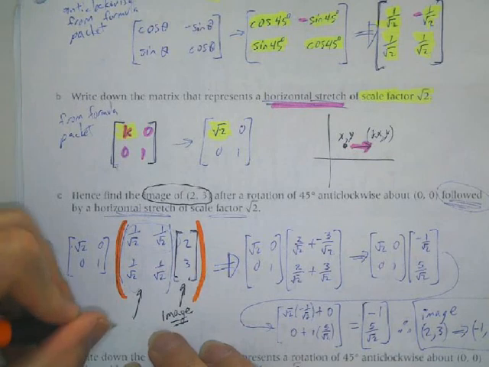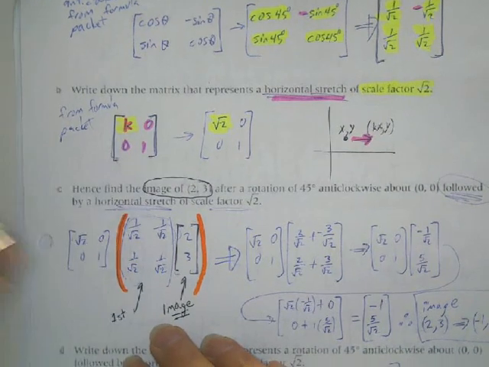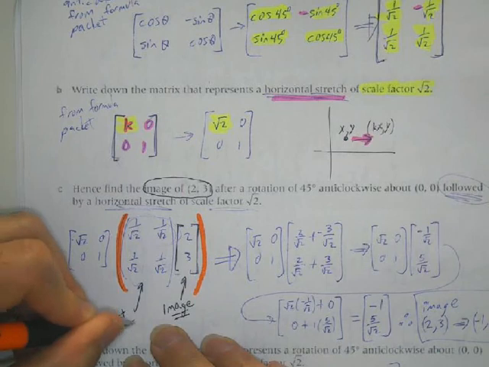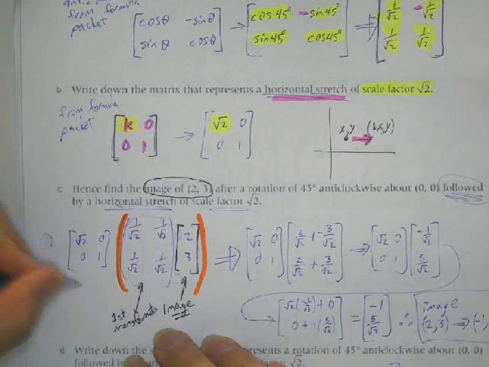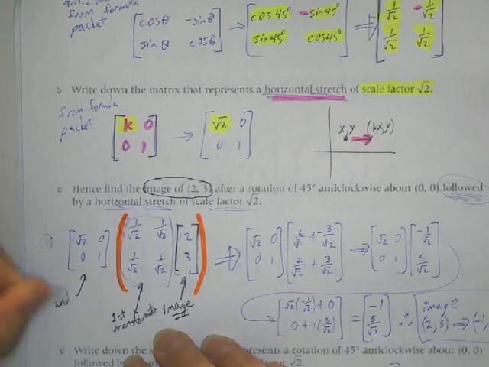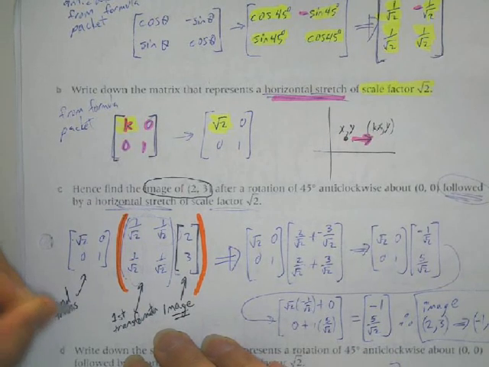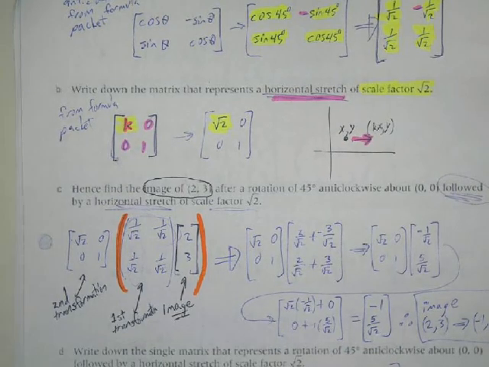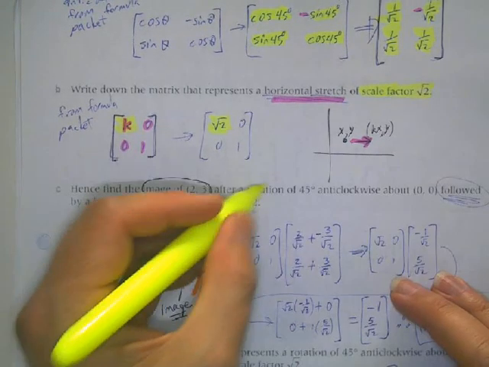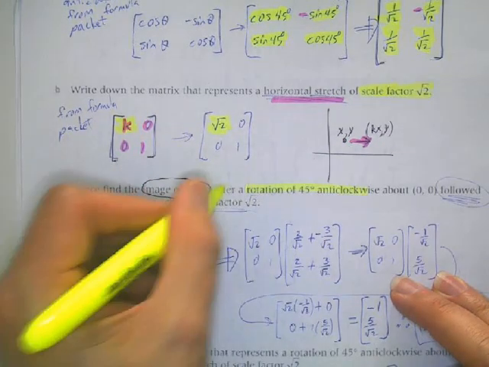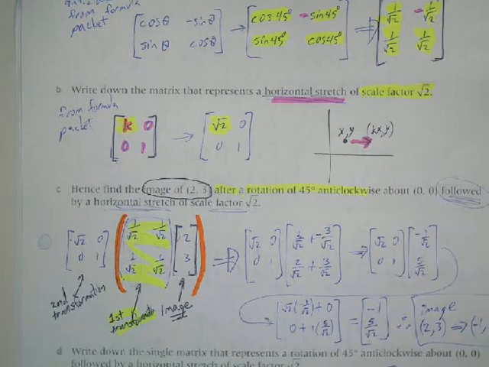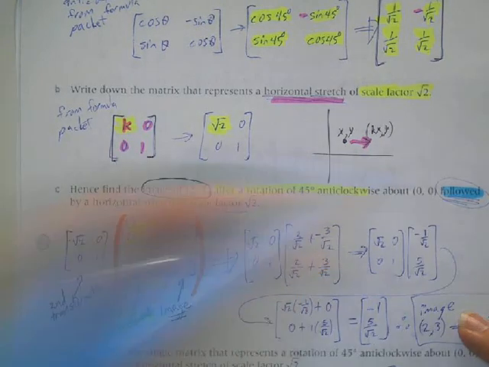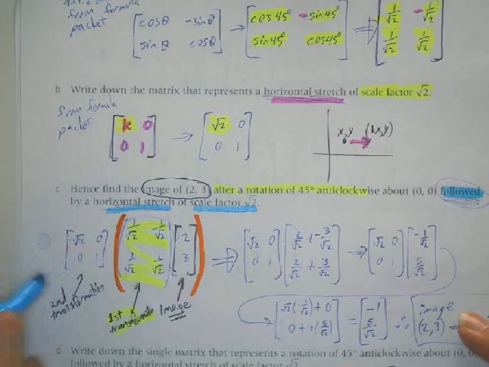So this is the first transformation, and this is the second transformation. So the rotation of this, that's the first transformation, followed by the horizontal stretch.